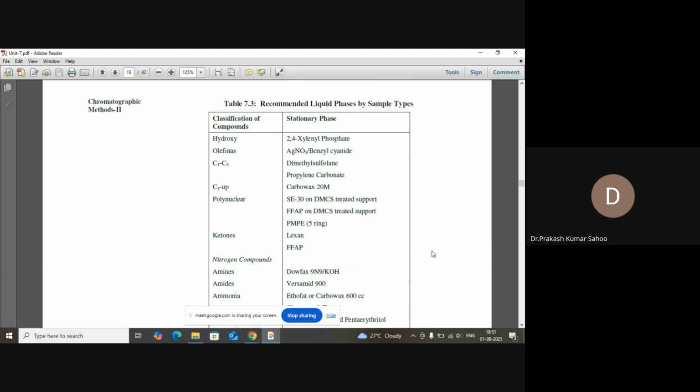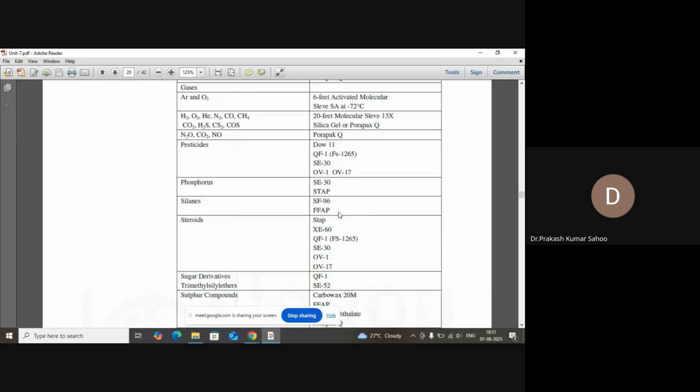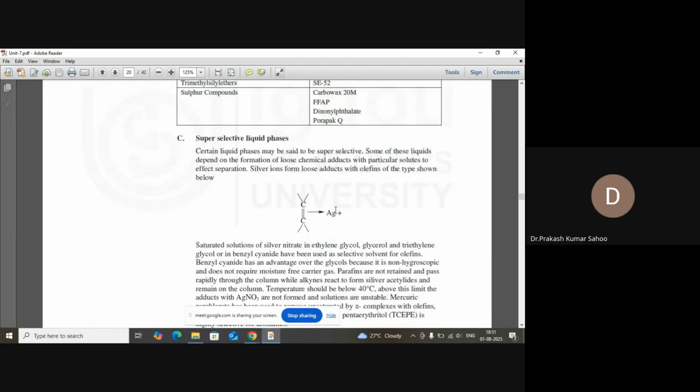And these are some compounds with different functionalities. And these are the commercial names of the liquid phases used for preparation of these samples. A big table is there.